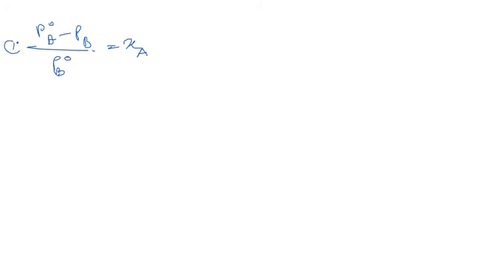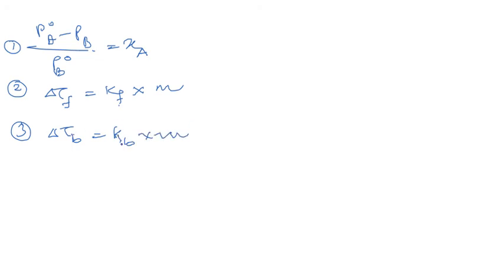This is 1, 2, del Tf equals Kf into molality, and then we have your del Tb equals Kb into molality, and then we have your osmotic pressure pi equals CmRT.